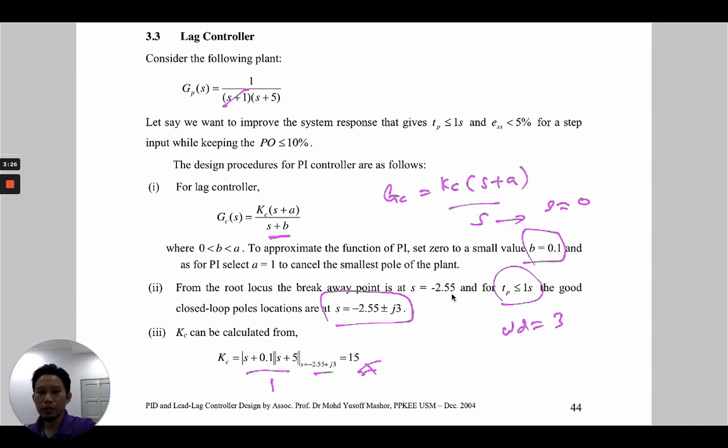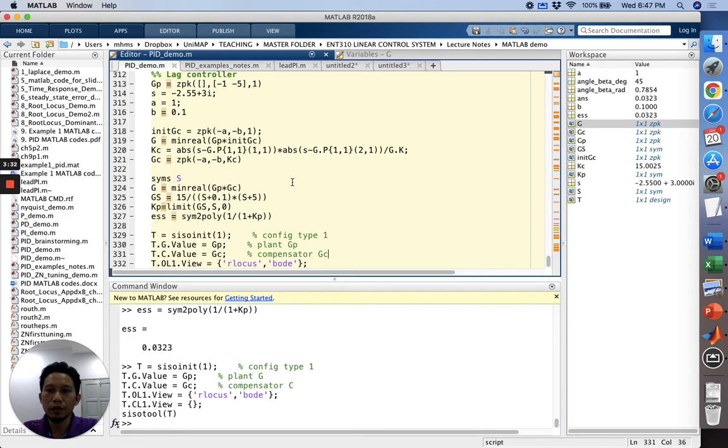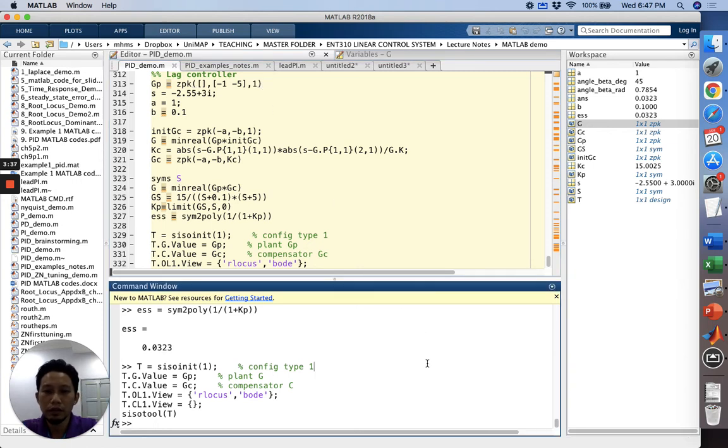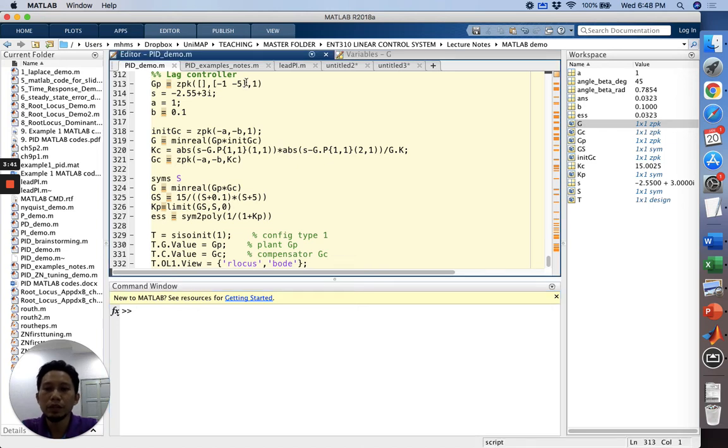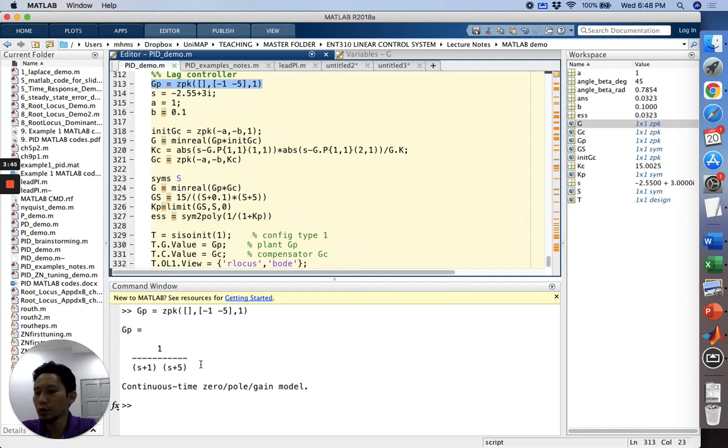Okay, let's look at the example using Matlab. For the lag controller, this is our GP, which equals 1 over (S plus 1)(S plus 5).